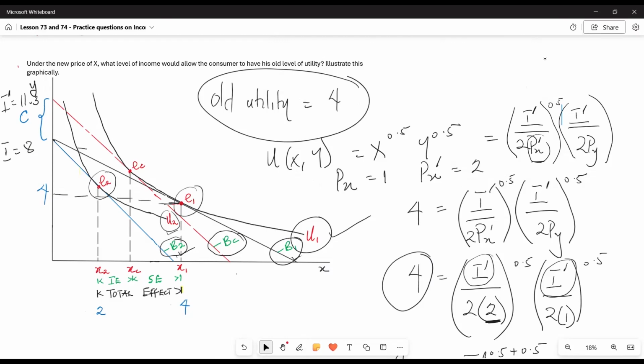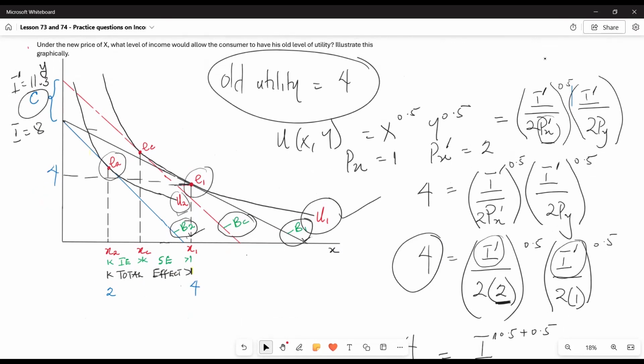The difference between these two incomes is C here. So C is equal to 11.3 minus 8, which is equal to 2.3. Ella needs an additional income of 2.3 to keep her on the same level of utility, even though the prices have changed.